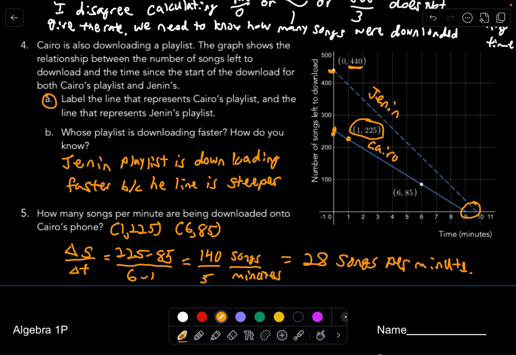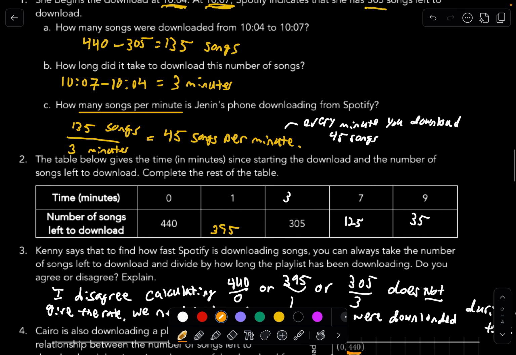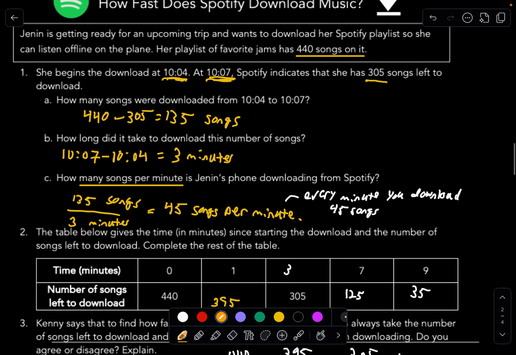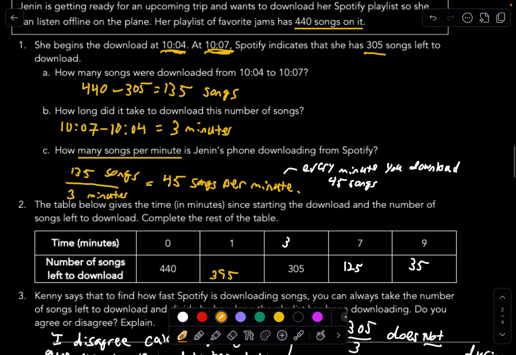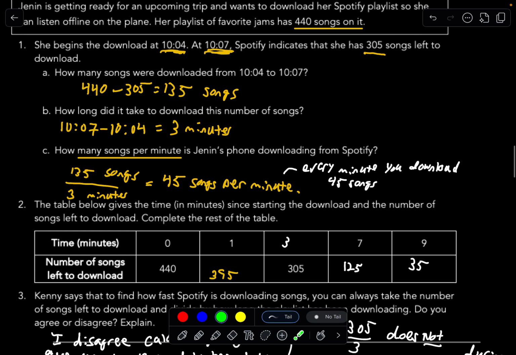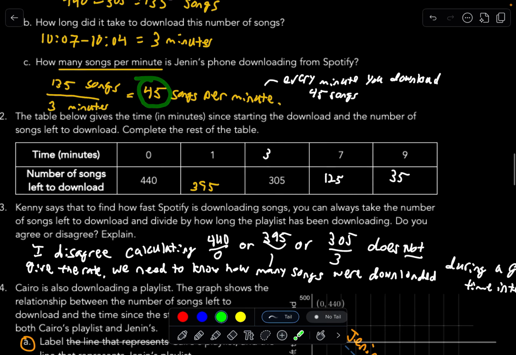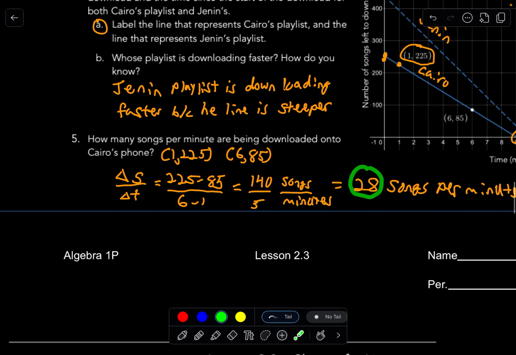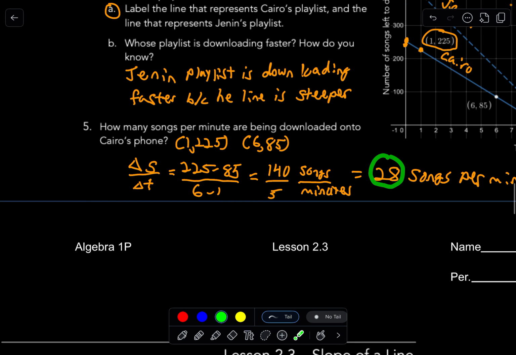Okay. So compared to Janine's, which is 45 songs per minute, and hers is 28, it seems like Janine's playlist is downloading faster.